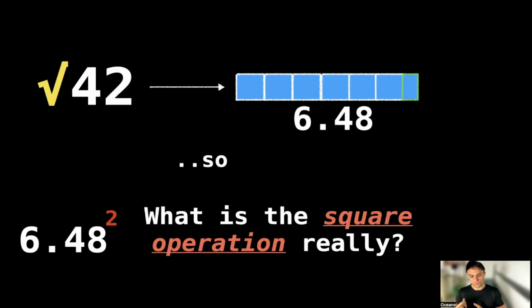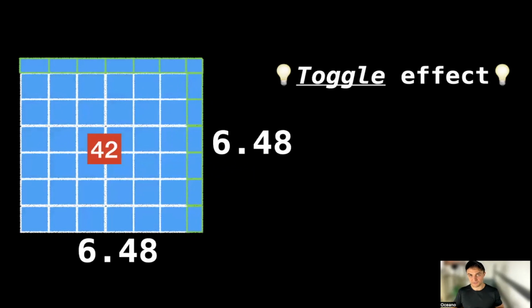Okay. So when I do the square, what is really happening? When I say 6.48 squared, what is happening? Well, I'm creating literally a square. So you see that I have this toggle effect between the square root and the square. Every time you take the square root of a value, you're taking the base of that 2D object that the value creates. That's why it is called the square root. Indeed, we're talking about squares.